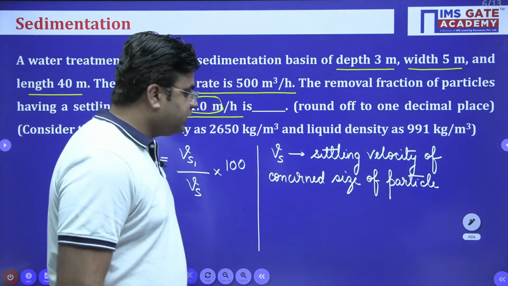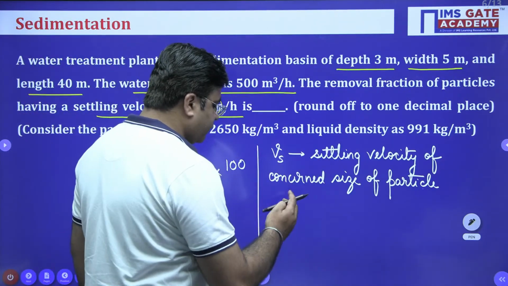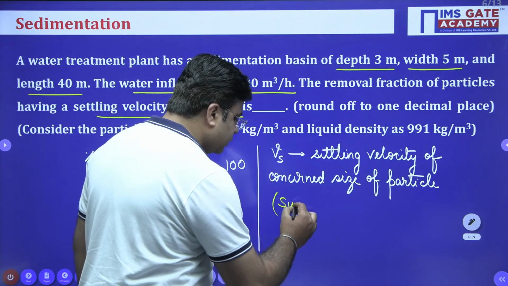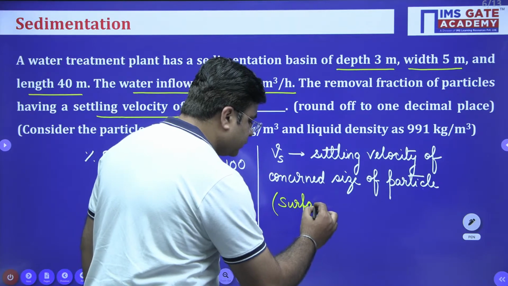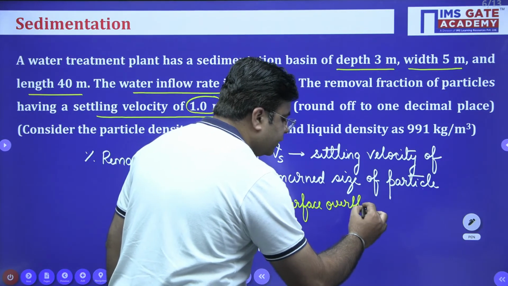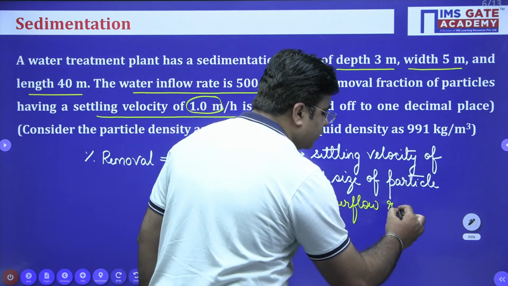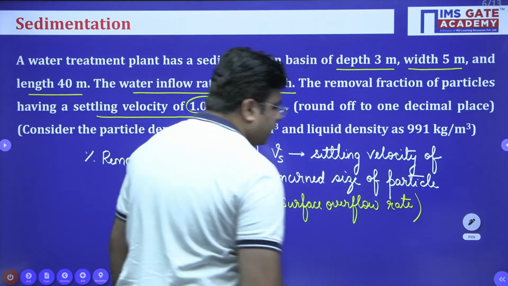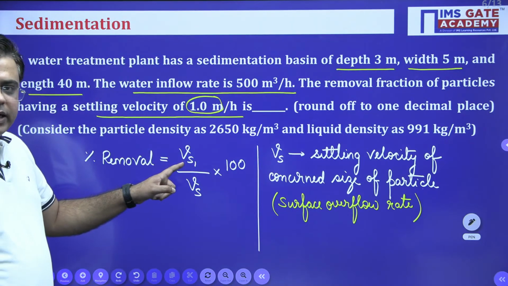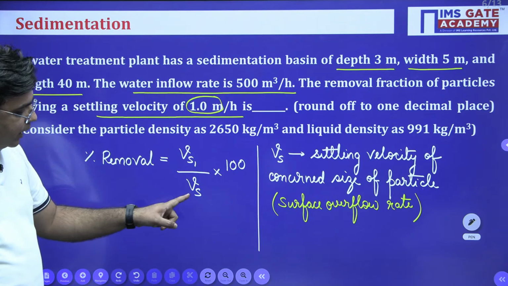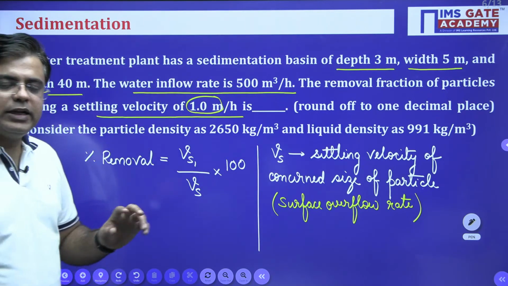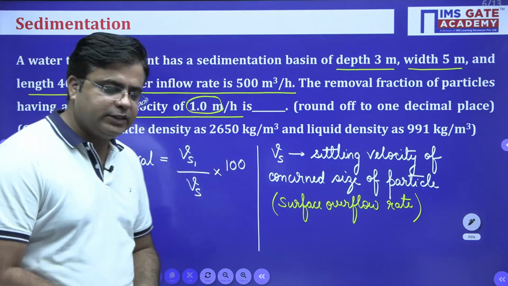And this Vs is also known as surface overflow rate, SOR. For calculating this percentage removal, we know the value of Vs1. If we can determine the value of Vs, the surface overflow rate for this tank, it is very easy to calculate the percentage removal, right?